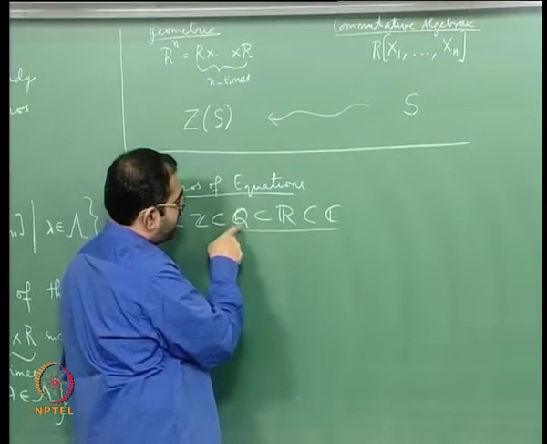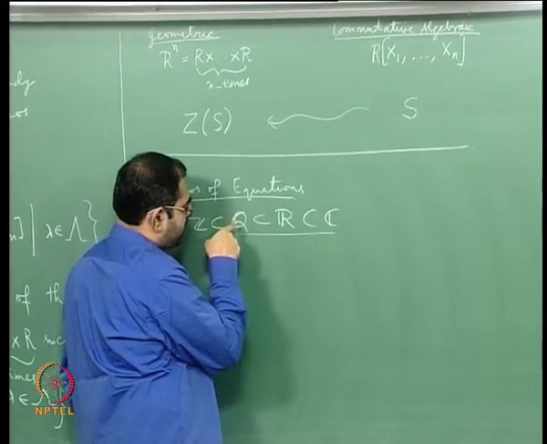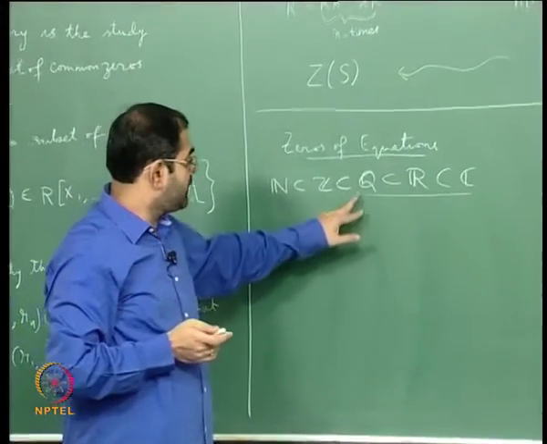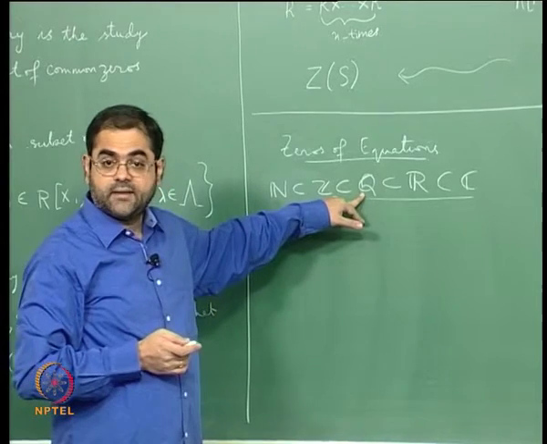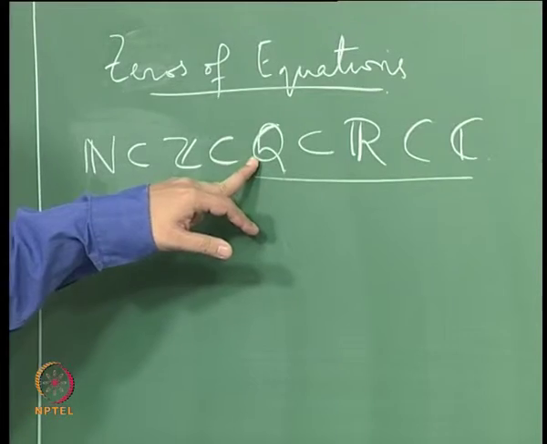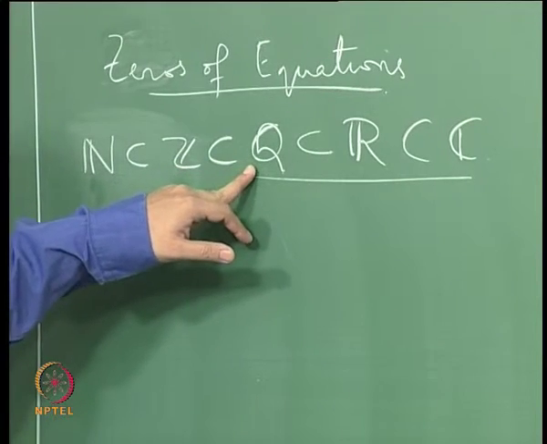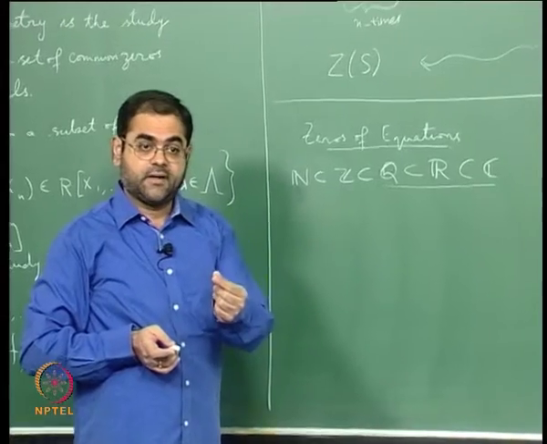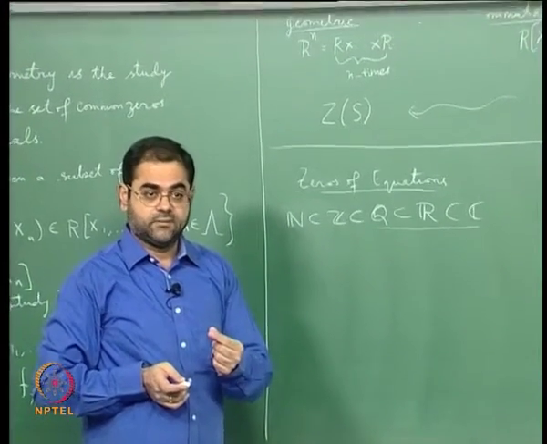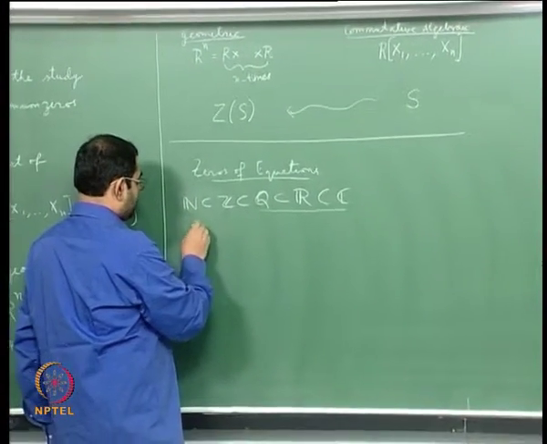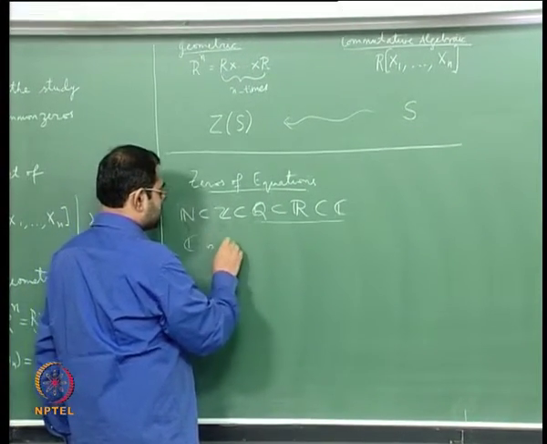And the point is that every time you get a bigger number system, you ask the question: if I write a polynomial with coefficients in that system, will the zeros of the polynomial always lie there? And if the answer is yes at some point, then that is called an algebraically closed field, okay. So the fact is C is an algebraically closed field.